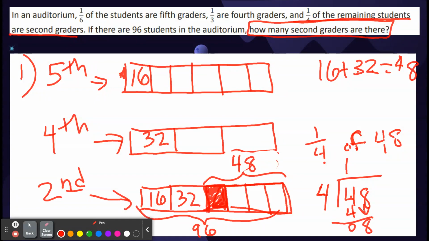I'm going to go ahead and look at my 8 ones now. So I have 8 ones divided into 4 groups. That means 2 ones are going to go into each group, which means that I have 12 as my quotient, which means that I have 12 second graders.